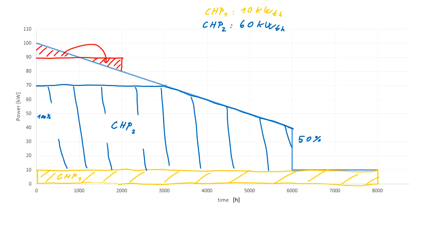And then for the other periods, in case of the cycling of the resource, so for example the lowest power output of the CHP2 would not be 50%, but perhaps it could be again a little bit higher.